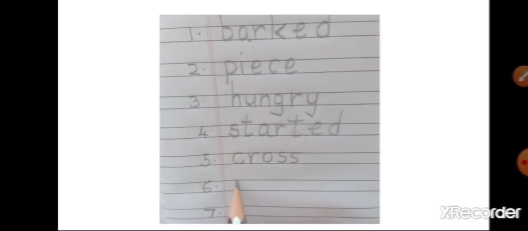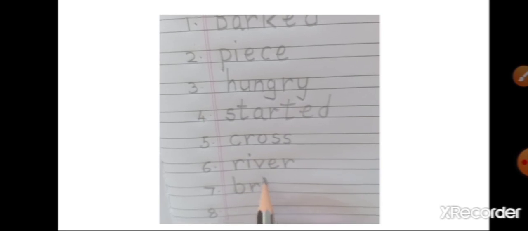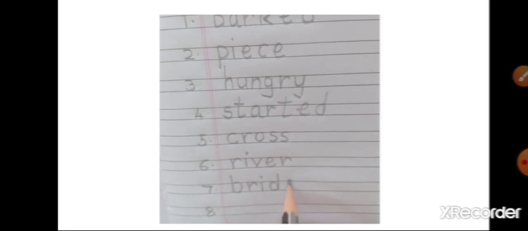Sixth word R, I, V, E, R, river. Seventh word is bridge. B, R, I, D, G, E, bridge.